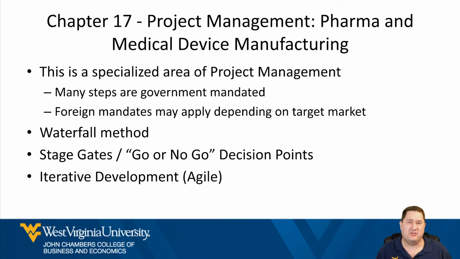If you do a Google search for project management waterfall, it should show you many different graphics for it. But also, it gives us different stage gates. So at different points, we can take a look and say, hey, we're at this point. Should we continue or should we stop? So that go or no-go decision.